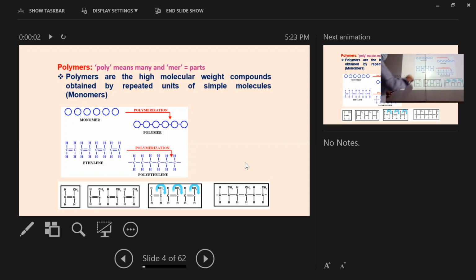So this carbon can make bond with the nearby carbon, with another unit. If you can break one of the bonds of this carbon-carbon double bond, then this carbon can have 2 valencies.